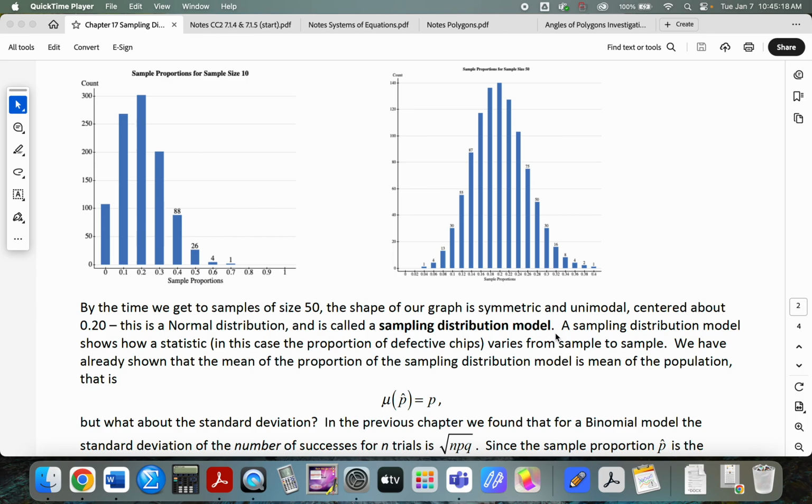No. There's going to be some variability in that. And that's what this shows: the likelihood of getting 32% instead of 20% is pretty small.